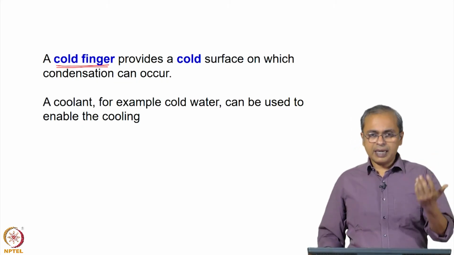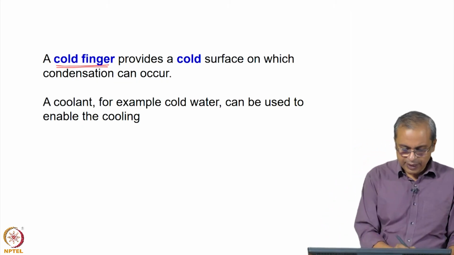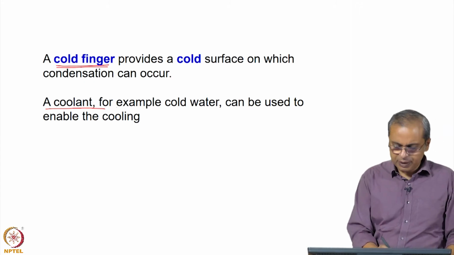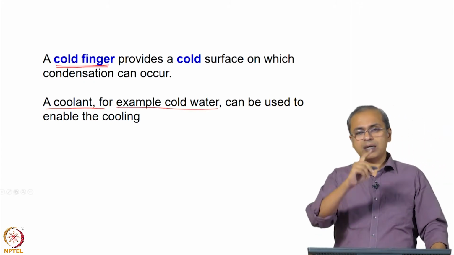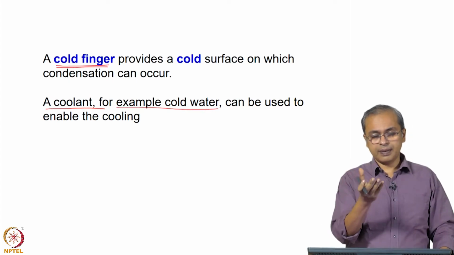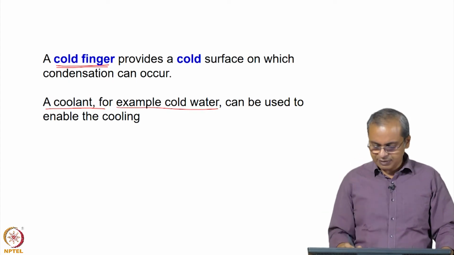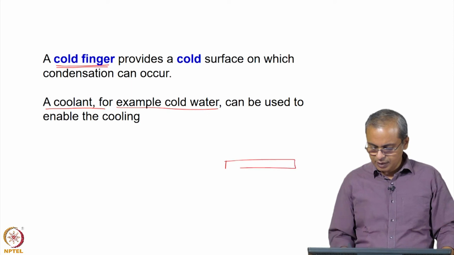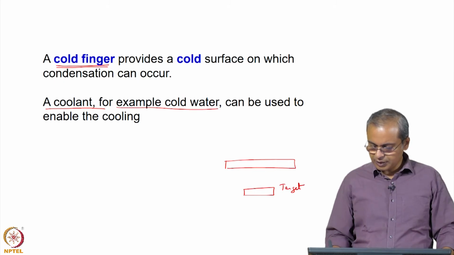Okay, and to that extent you typically will have a coolant, and for example cold water would suffice, which can go into a small loop which goes just behind that substrate. So you have a substrate, and this is where your target is, below is the target, and this is your substrate.